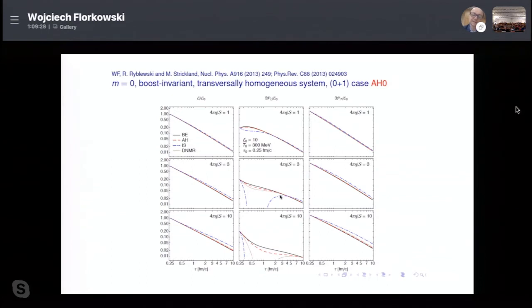So the lesson from this is that one really has to apply the hydrodynamic frameworks which are the newest and the most complete. So for instance, the DNMR approach, which is very general, or anisotropic hydro. Otherwise, we can have problems.